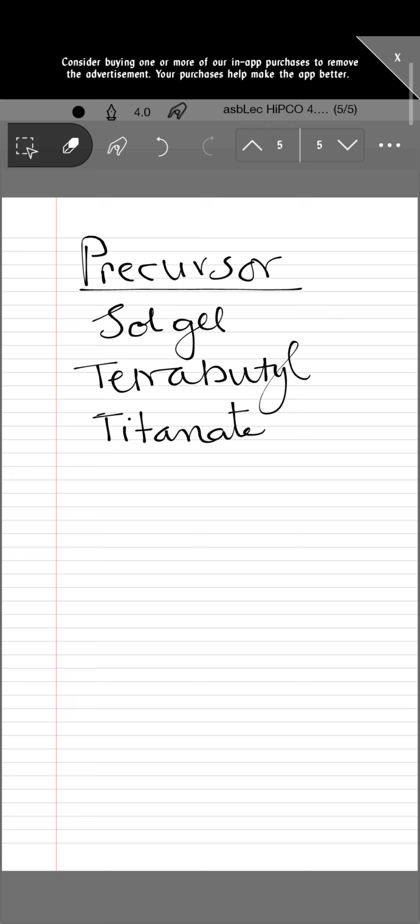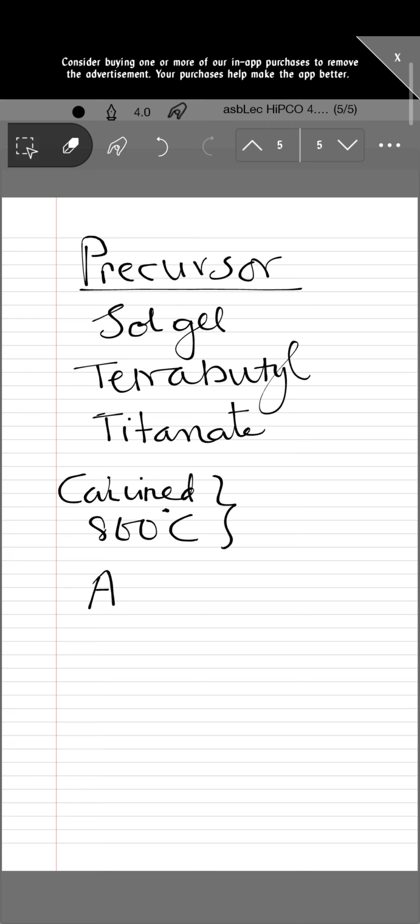Now, this titanate, when calcined, calcination is a process where, with the help of high temperature, the different phases of a material get evolved.